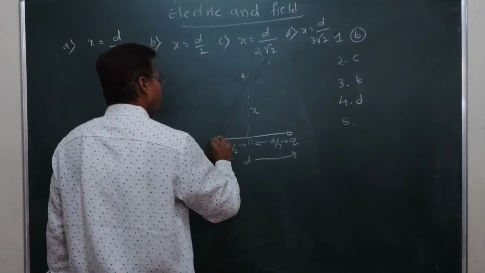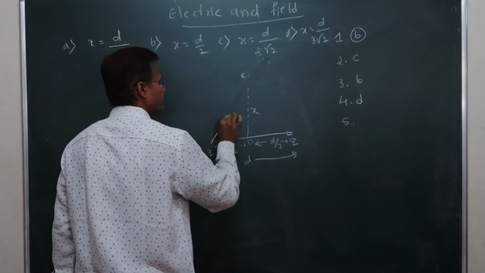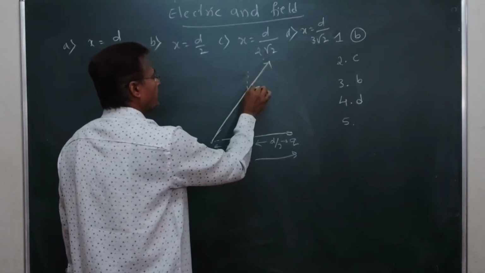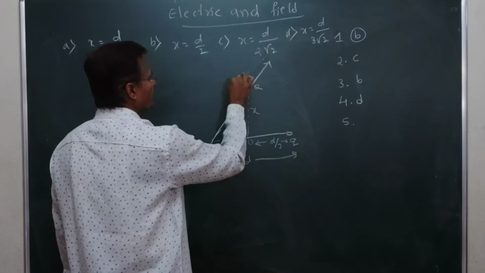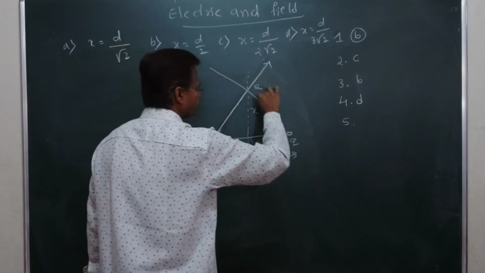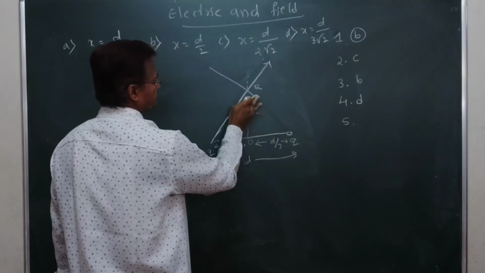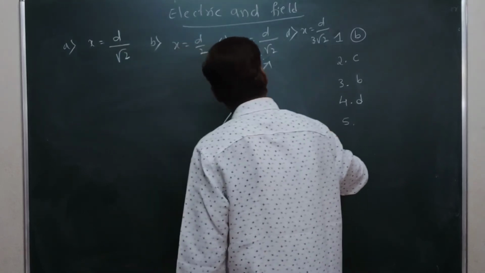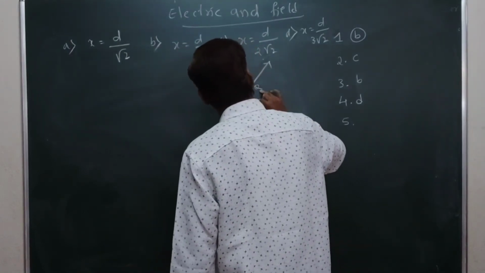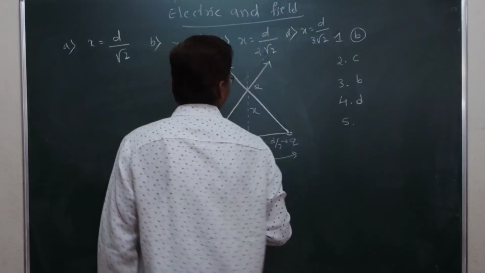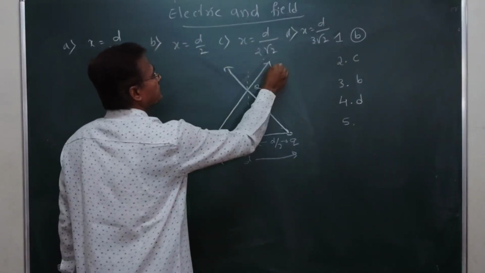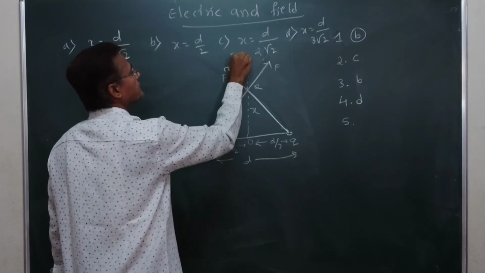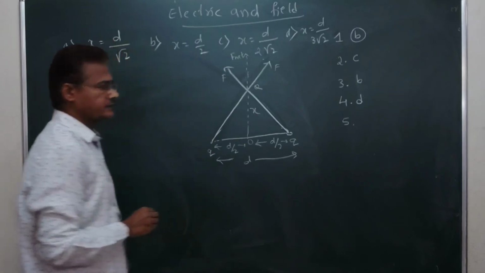Okay, here Q is there. The force exerted from here to here is due to Q. Similarly, from the other charge also we can see the force is exerted at this point. So this is F, and this one is F. The net is F net.